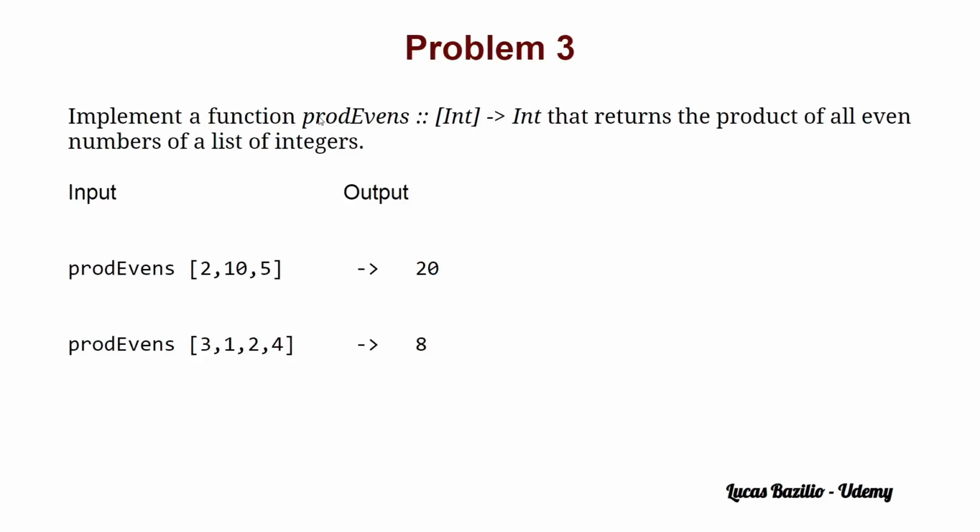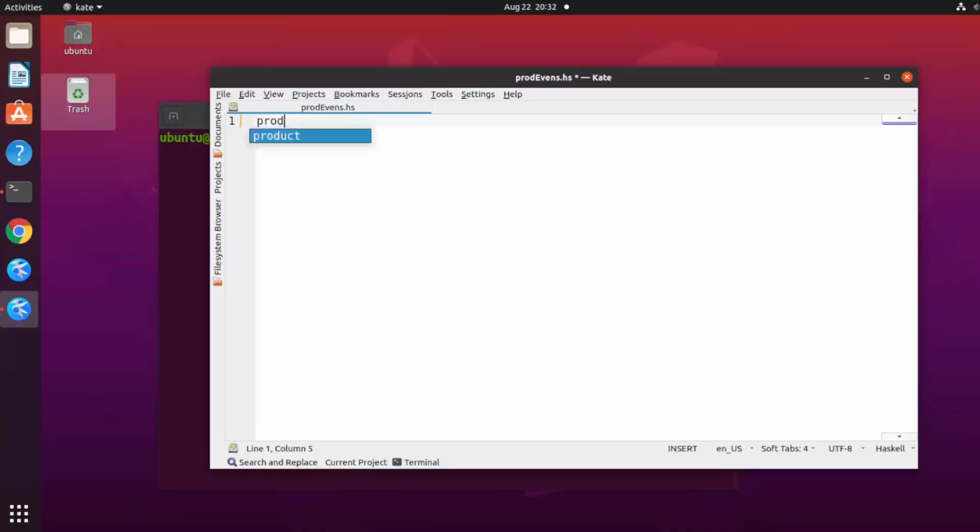The function name is prod_events, the input is a list of integers, and the output is an integer. So let's copy this header into the Haskell file. The name is prod_events. Let's zoom in a little bit. We have as an input a list of integers, and as an output we have an integer, right?